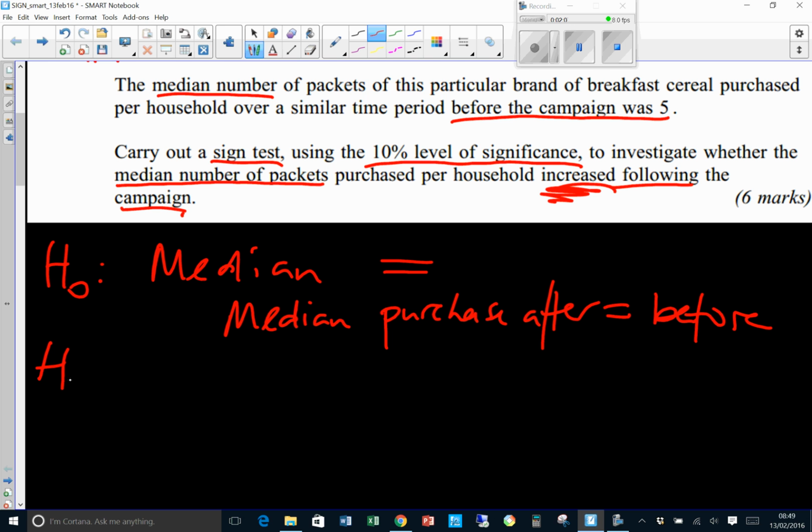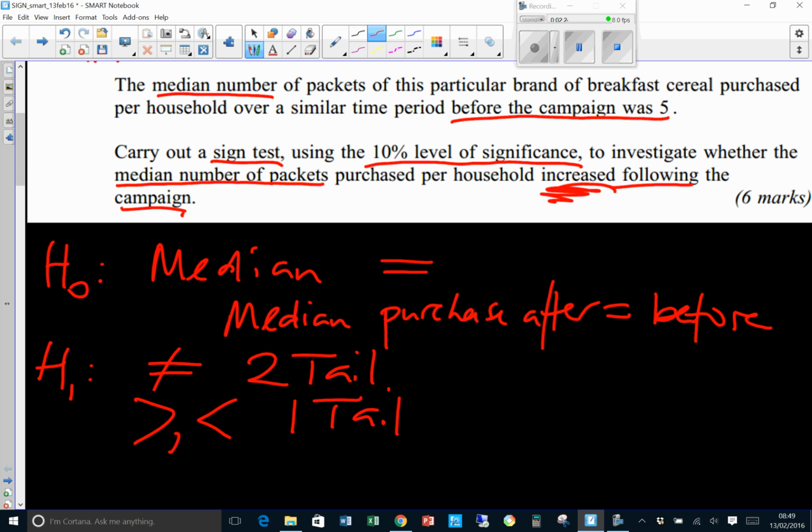Now, for H1, it depends on the question. We've got several options. It can either be not equal to, in which case we've got a 2-tail test, or it can be greater than or less than, in which case we're going to have a 1-tail test. In this case, they've used the word increase.